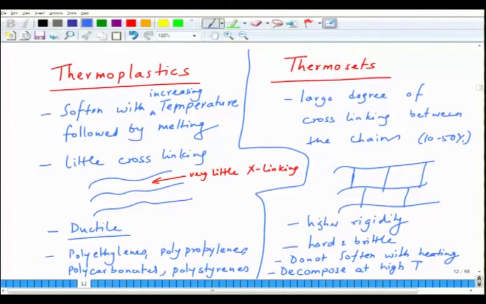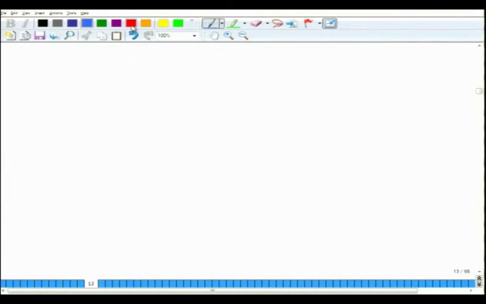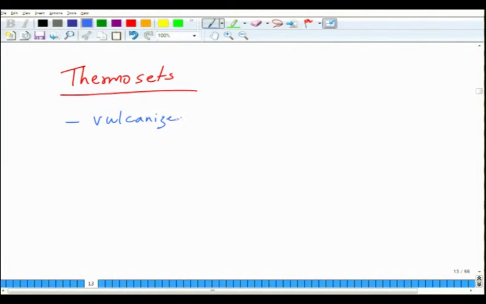Okay. Let me give you some examples of thermosets. The examples are, for example, vulcanized rubber, many epoxies, and resins, for example, phenolic resin, polyester resins.